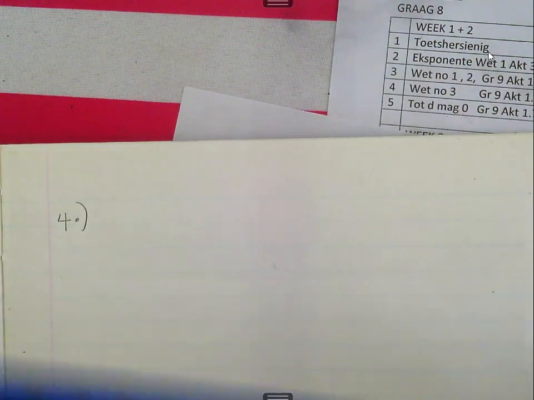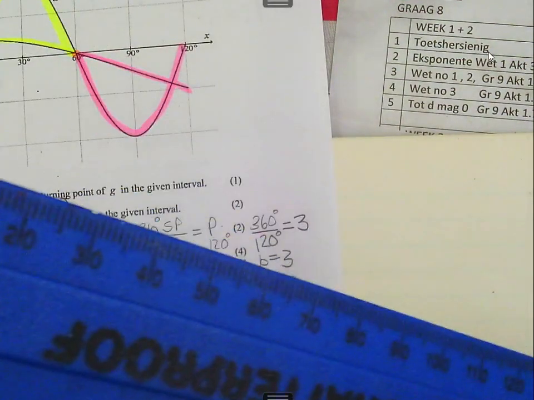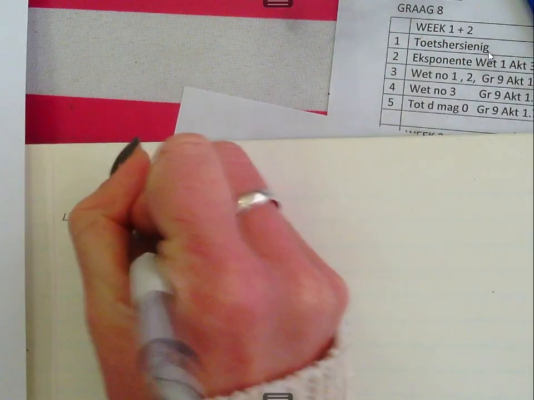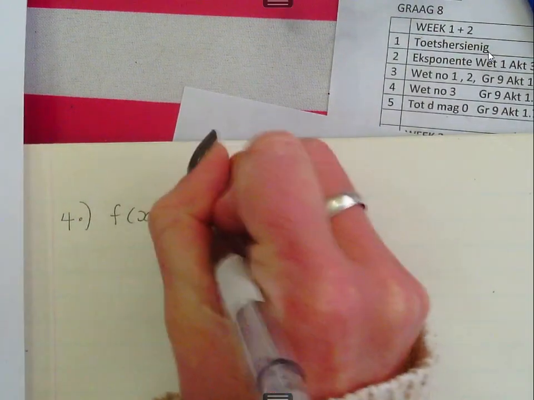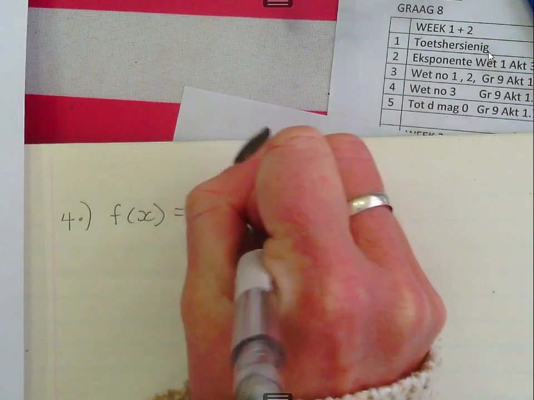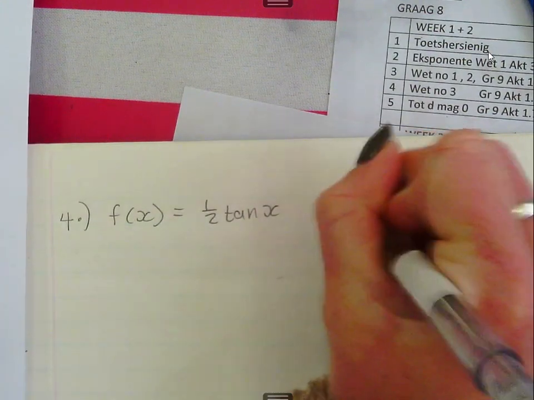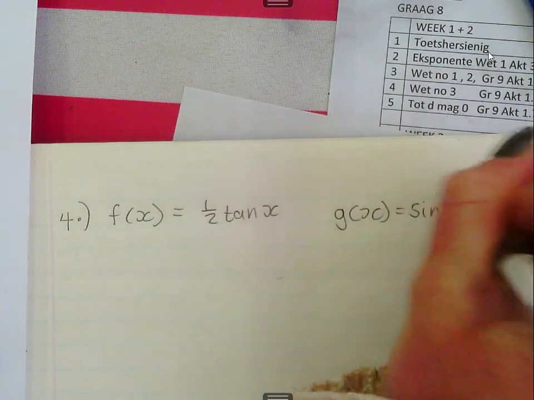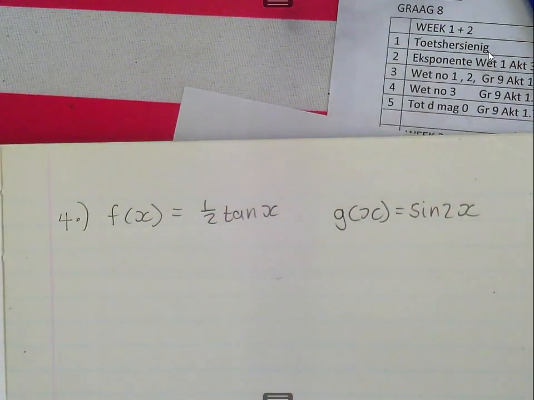Okay, so we're going to draw question 4. I have f of x equal to half tan x, and I have g of x equal to sin 2x. Was it that question 6.4 that was the difficult one for you? Was the rest okay? Okay.